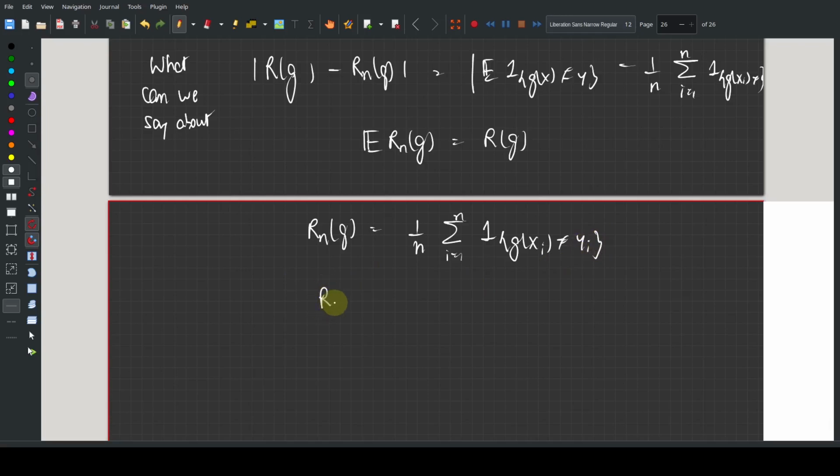And so Rn of G is a random variable. It's a function of n IID random variables, whereas R of G is a number, right? Its expected value over pxy of indicator g of x not equal to y, which is the same as saying the probability that g of x is not equal to y. Correct?